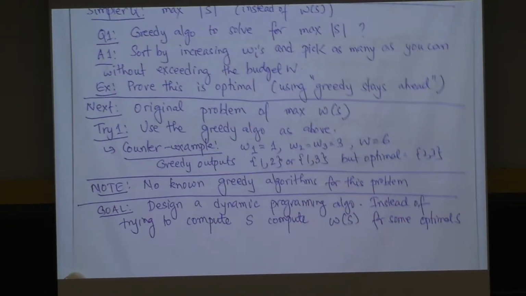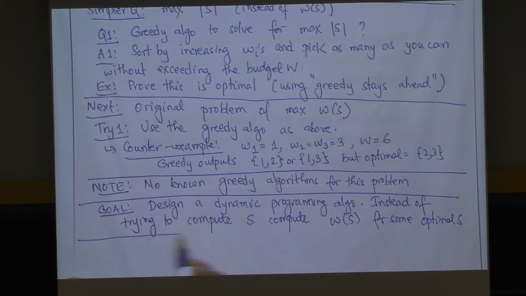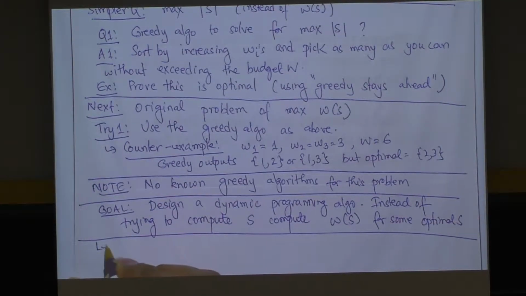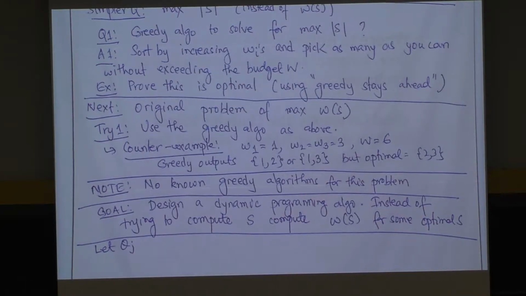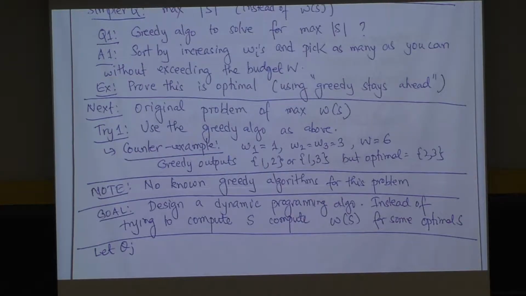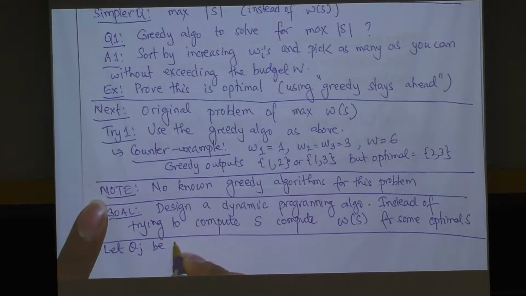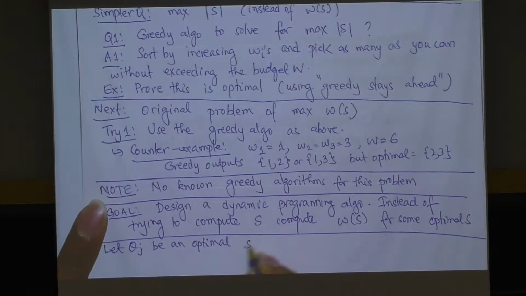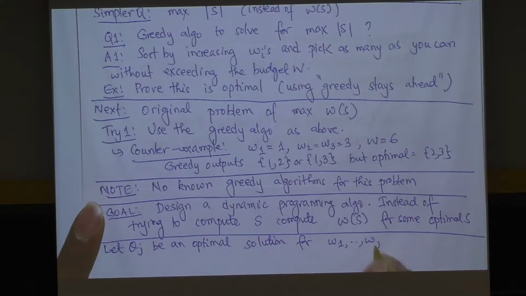All right, so as before in the weighted interval scheduling problem, instead of looking at just the optimal solution for all n values, we're going to look at the optimal solution for the first, say, j, for every value of j. So let O of j be an optimal solution for W1 all the way up to Wj.